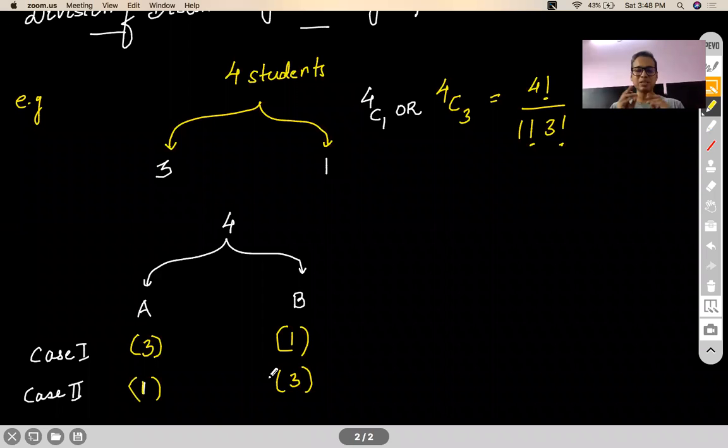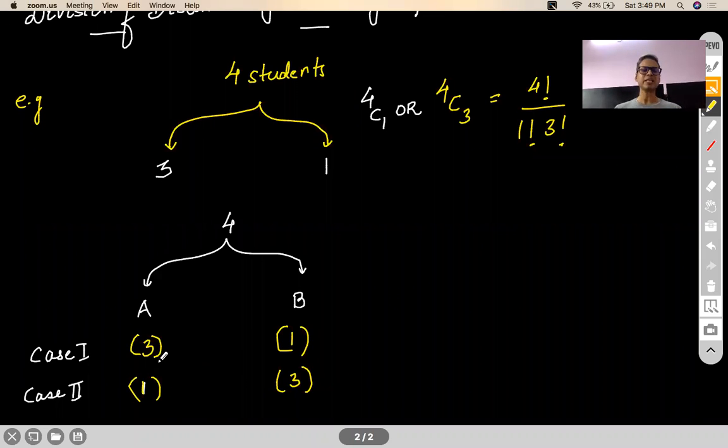Correct? So what is my question? I'm repeating my question here. You're dividing it into group A and group B such that one of the groups has got 3 students and the other group has got 1 student. Correct? So how many ways? 2 ways. A should be 3, B should be 1, or A should be 1, B should be 3.